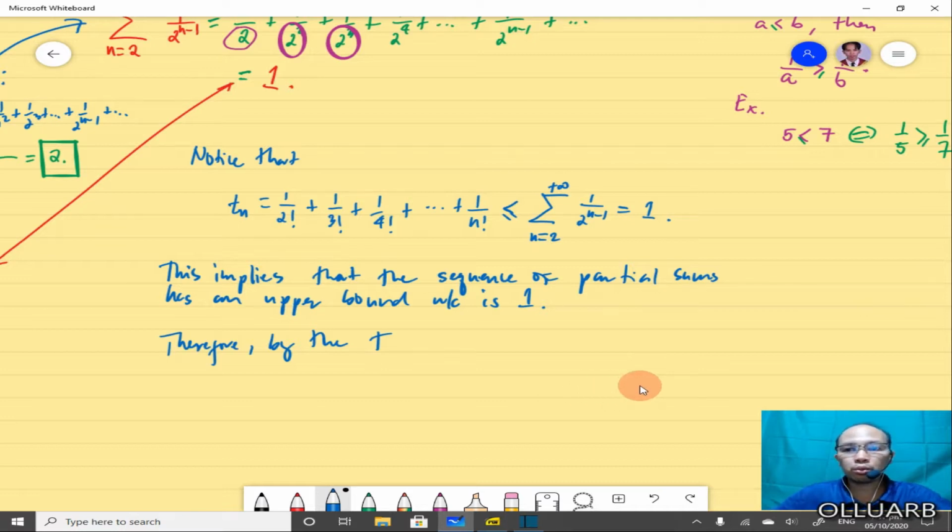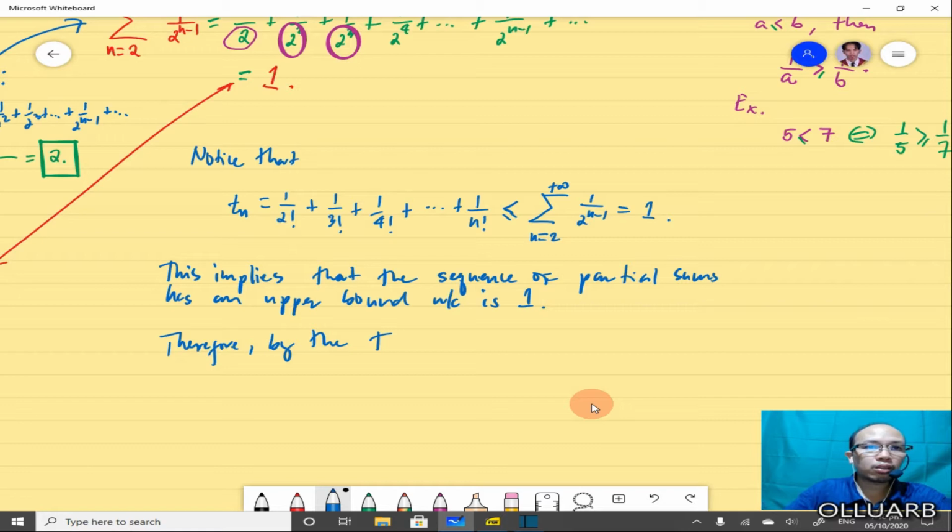Okay, so all you have to do is to find a known convergent series. The known convergent series that we discussed before are the P series, the geometric series, and the harmonic series, which is part of the P series.